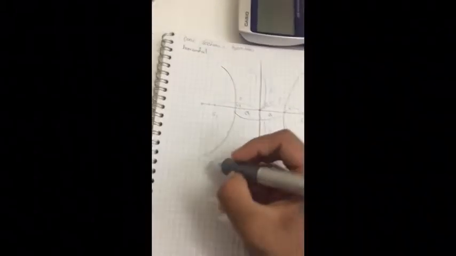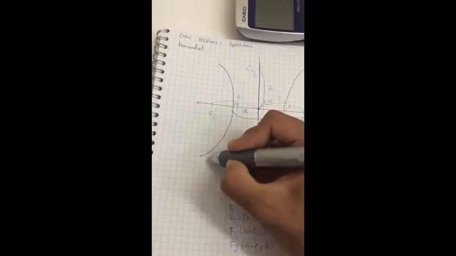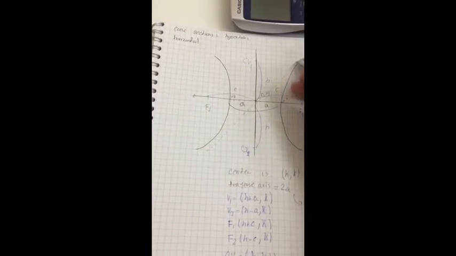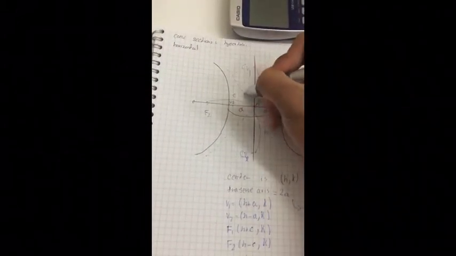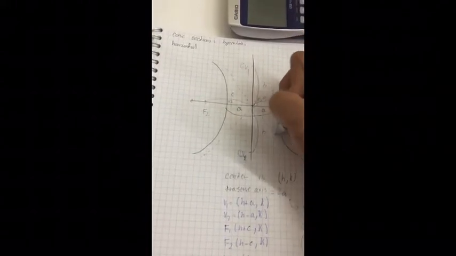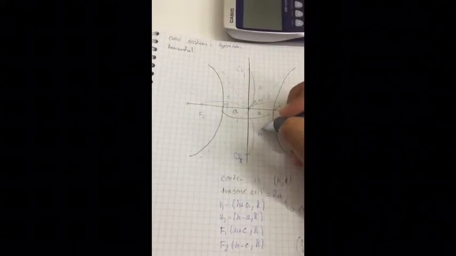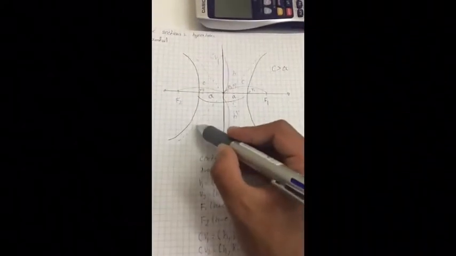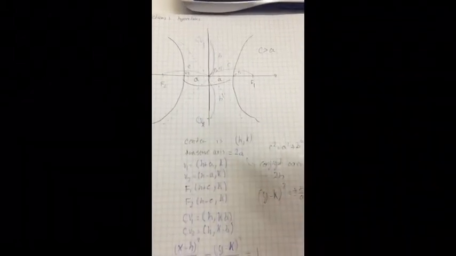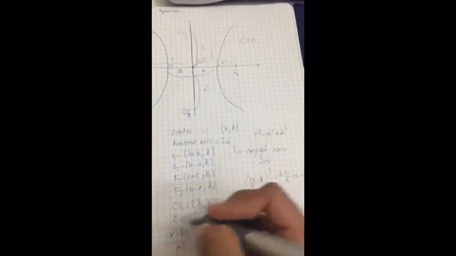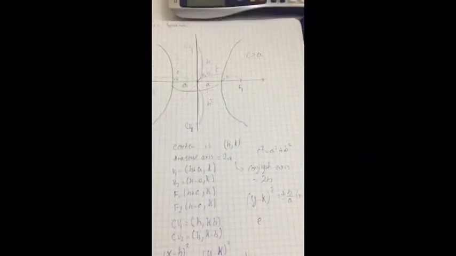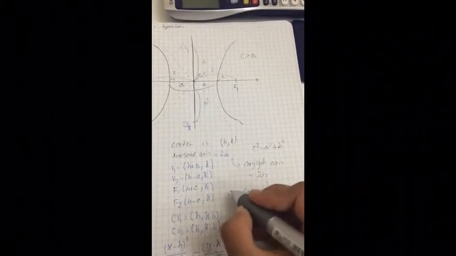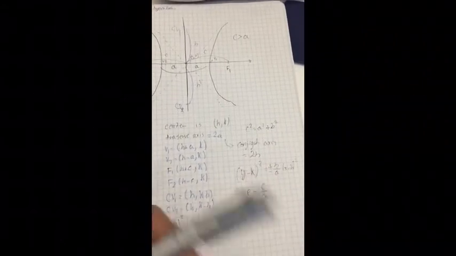This is the asymptote, where the graph does not exist, where it is undefined. This is where it is negative, and here it's positive. It also has the eccentricity, which is c over a. Here it is the asymptote, here it is the eccentricity.